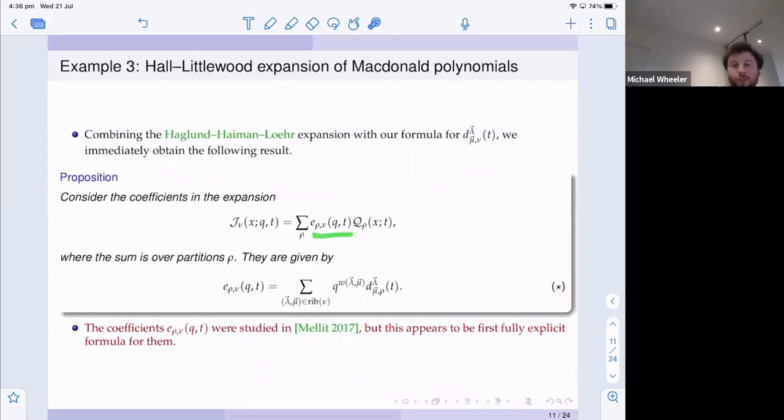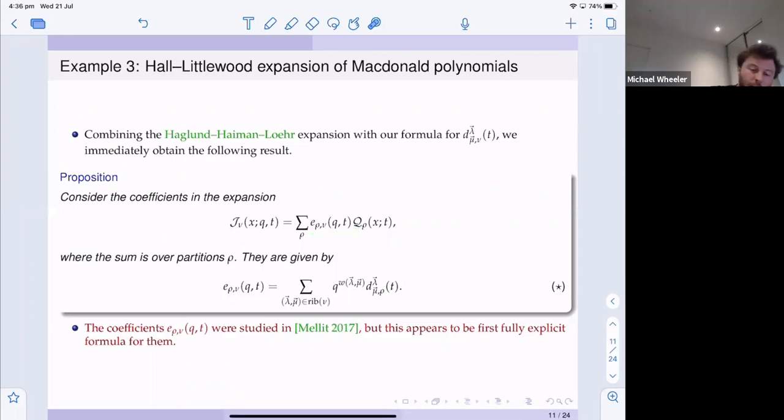So there are coefficients in this talk, so I apologize for the zoo of coefficients. So these are going to be indexed by two partitions, rho and nu. And basically what I'm doing here is taking the modified McDonald polynomial and expanding over the modified Hall Littlewood basis with some coefficients here.